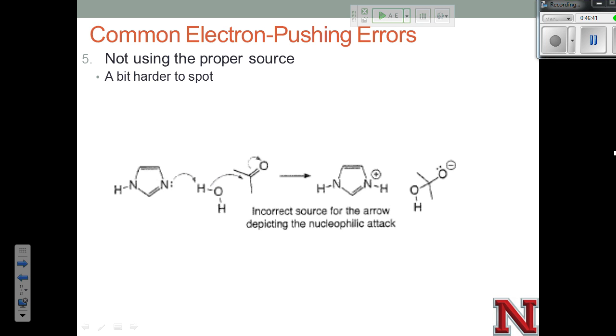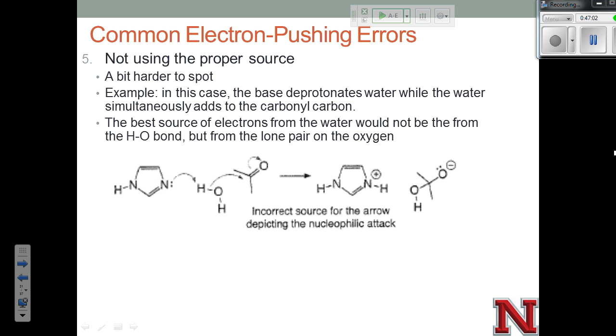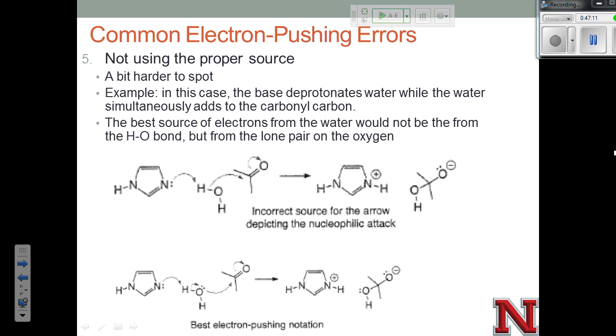Hydrogen is being removed, and then we're showing a new oxygen-carbon bond, but it's more likely we'd form the O negative than having those electrons from the oxygen-hydrogen bond go straight to our partial positive carbon. So that's where our source isn't quite right. But let's say that for some reason experimentally it was found that oxygen didn't form a full negative charge, then maybe this might be okay. But it's not really the best source.